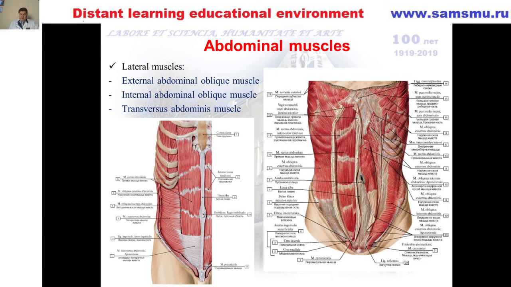The light color of the linea alba is due to the decussation of the tendinous fibers in the frontal plane and sagittal plane, and its poverty of vessels. Surgeons make use of this circumstance when the abdominal cavity must be opened widely during operation.